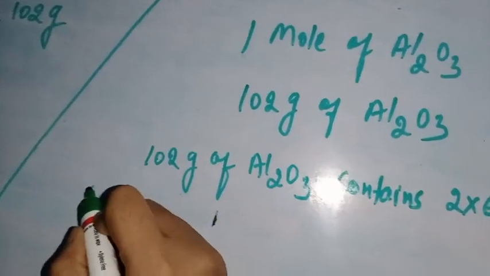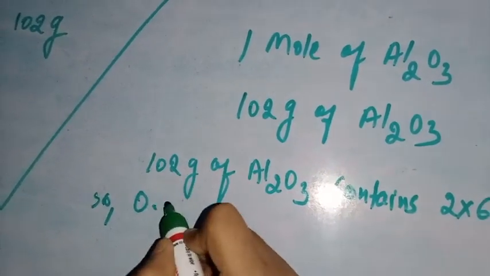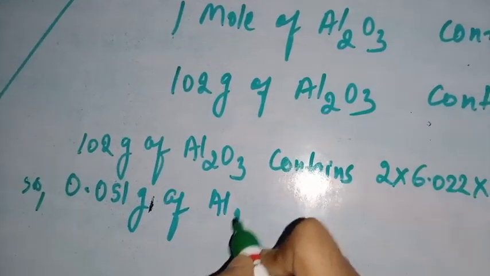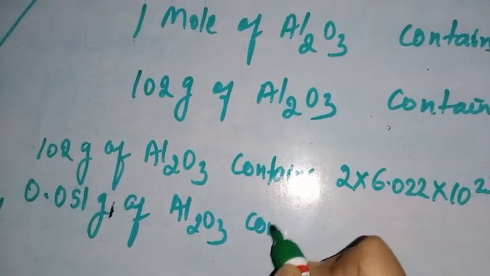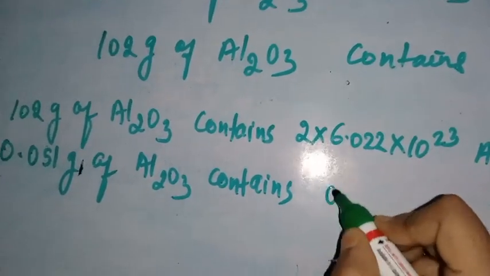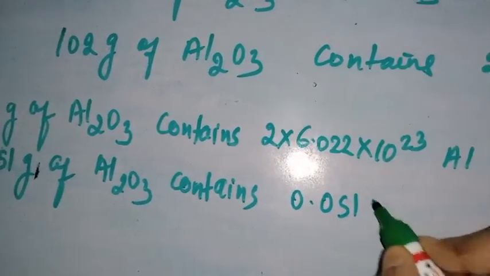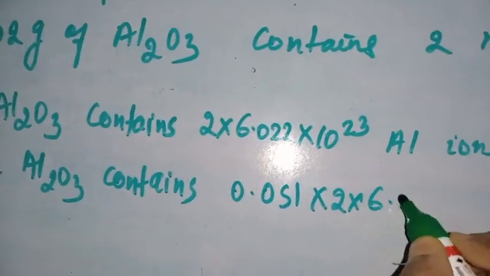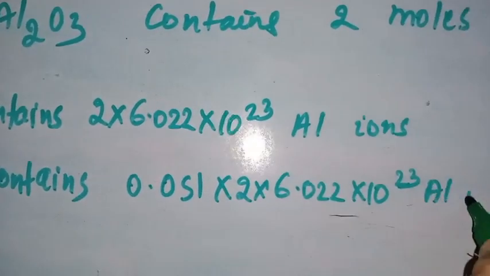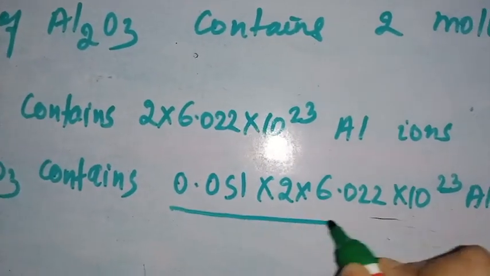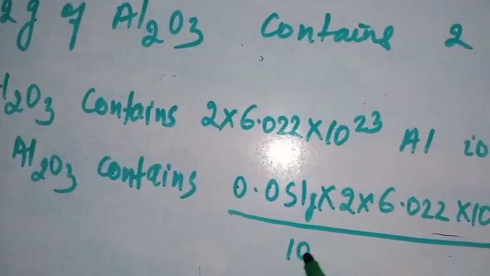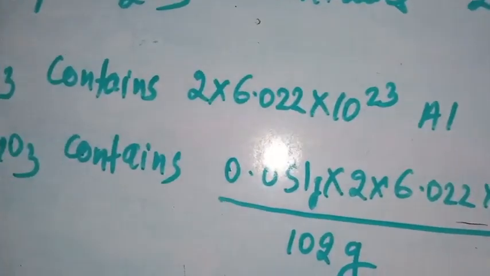So we will write here, 0.051 gram of aluminium oxide contains, applying the unitary method, 0.051 into 2 into 6.022 into 10 to the power 23 aluminium ions divided by 102 gram.